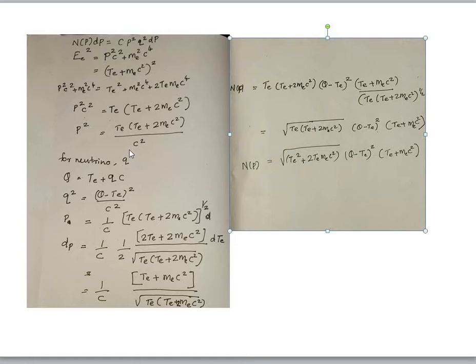For neutrinos having momentum q, the capital Q is given by the energy of the neutrino.